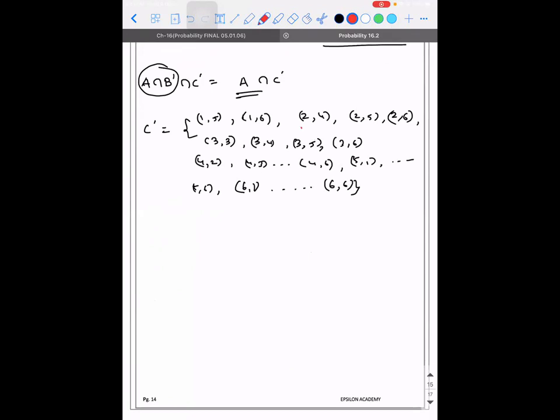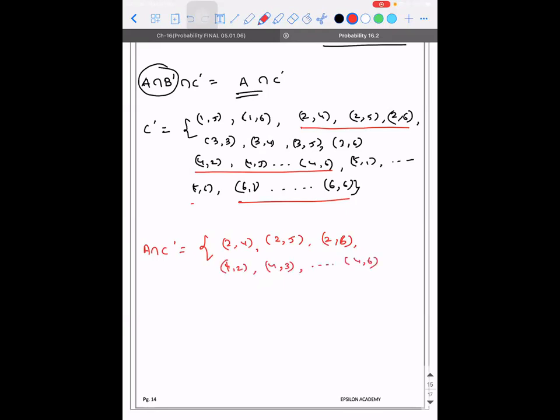So A intersection C dash will be (2,4), (2,5), (2,6), (4,2), (4,3) till (4,6), (6,1), (6,2) till (6,6). (3,3) is not there, because it's an intersection.